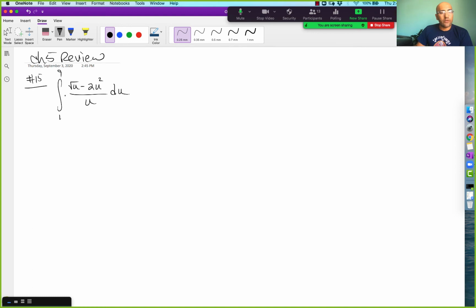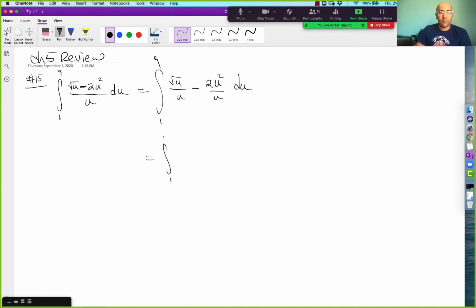Okay, so what we want to do here is separate this fraction into two separate fractions: the integral from 1 to 9 of root u over u minus 2u squared over u du. Good. Then we want to simplify each one of these.